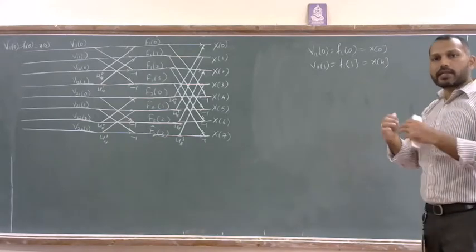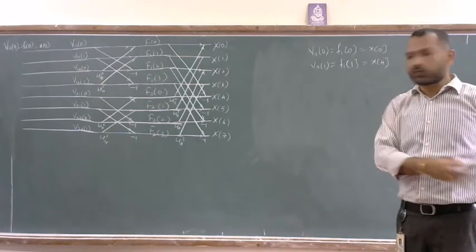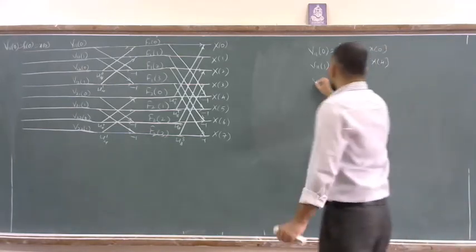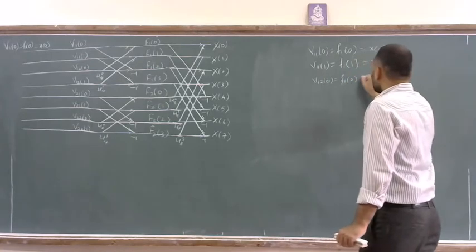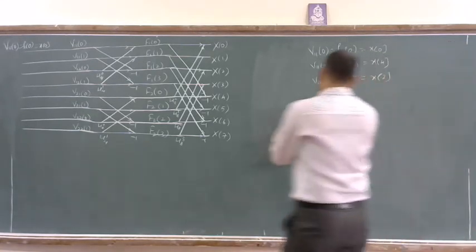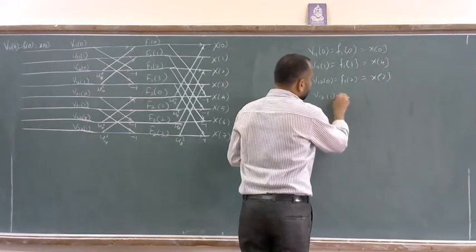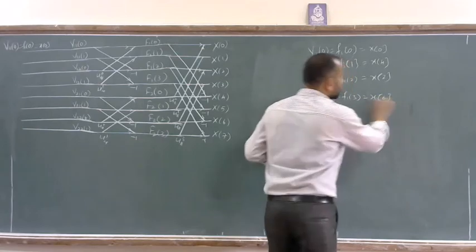For each stage of decimation, you convert the 8-point sequence into half the sequence values. V12 of 0 will be f1 of 2, which will be equal to x of 2. And like this, V12 of 1, f1 of 3, which will be x of 6.